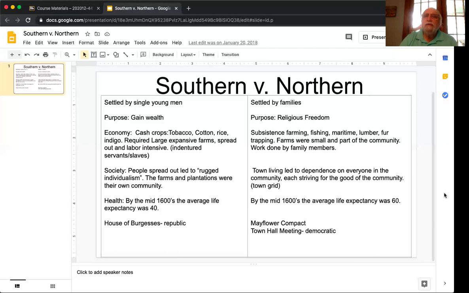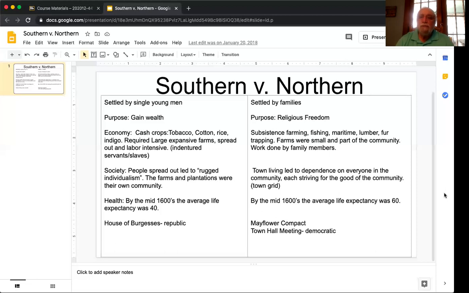But in the north, they have a husband and a wife who have children. Now those children have children. So now the husband and the wife are now grandparents. So now the children have not only their parents, but their grandparents. So we have a very stable society going on in the New England area.